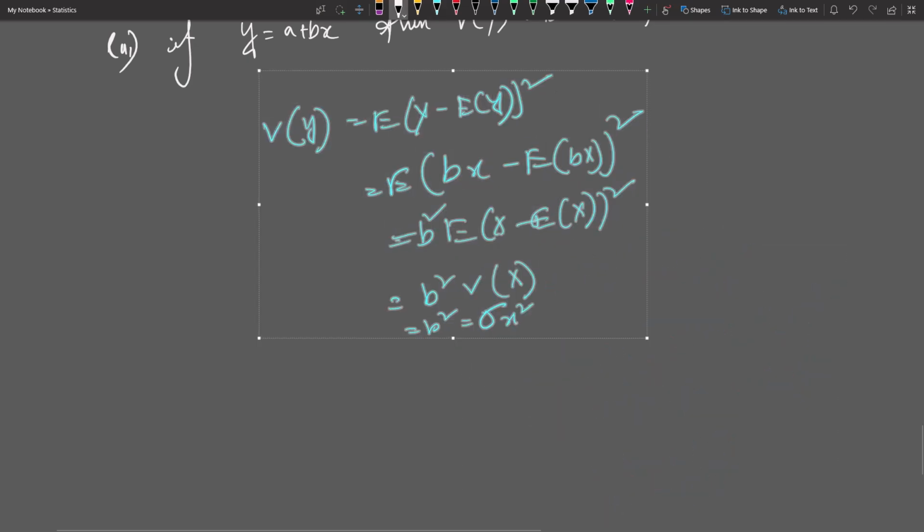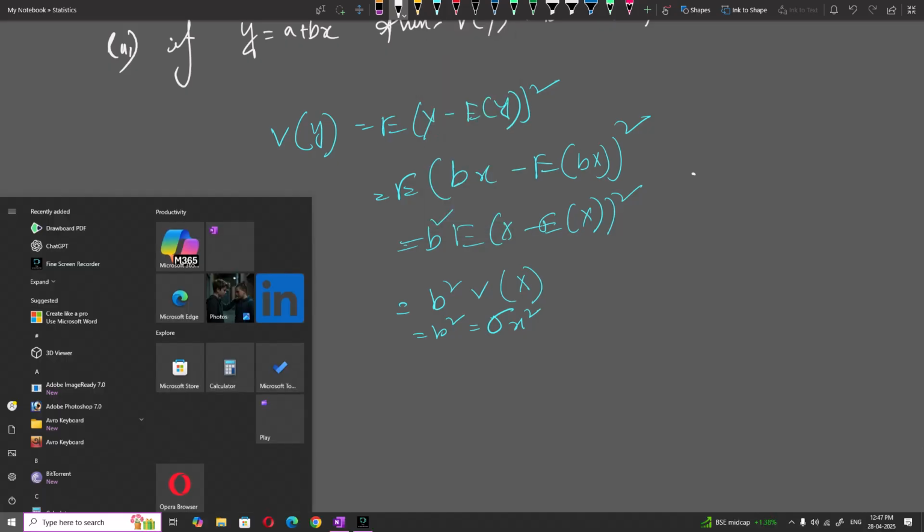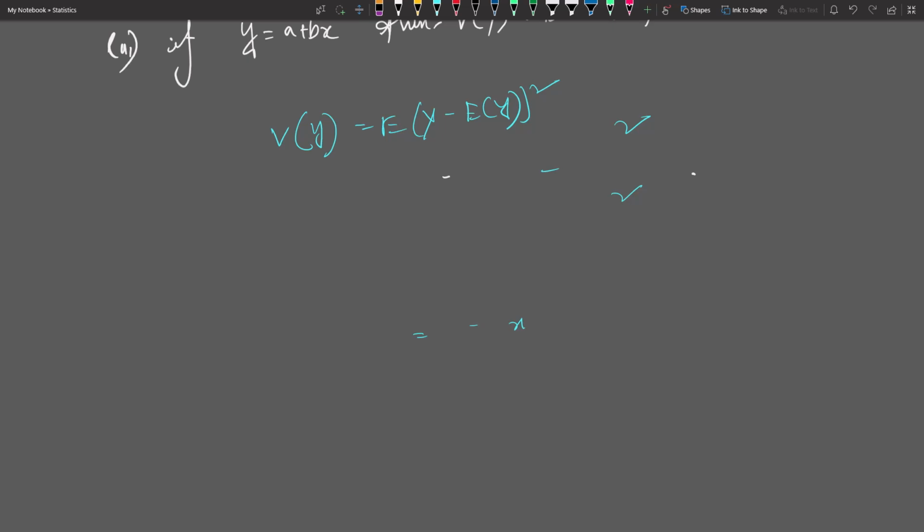So I have to just put some values here, a plus b x. Okay, I am erasing this, otherwise you may fall into confusion.